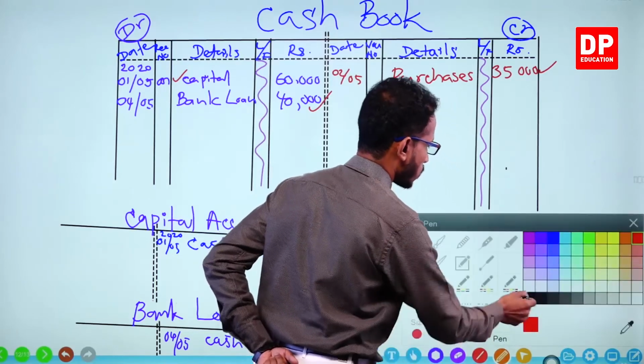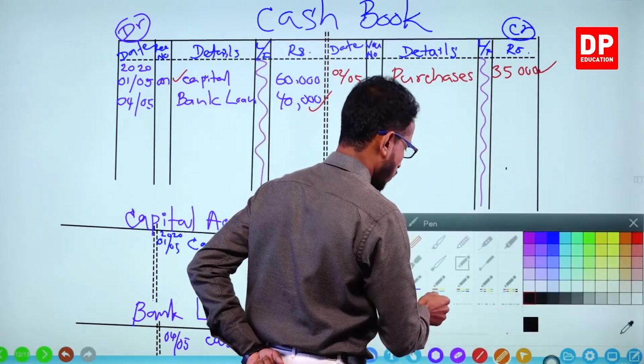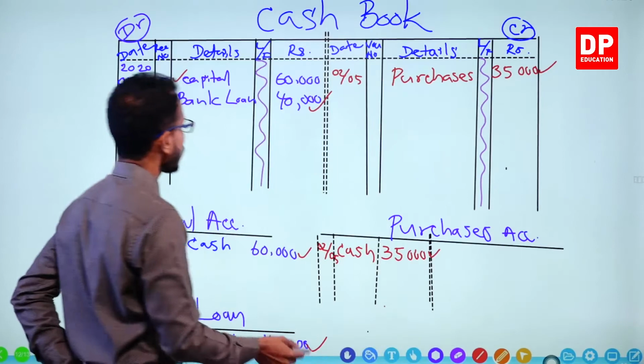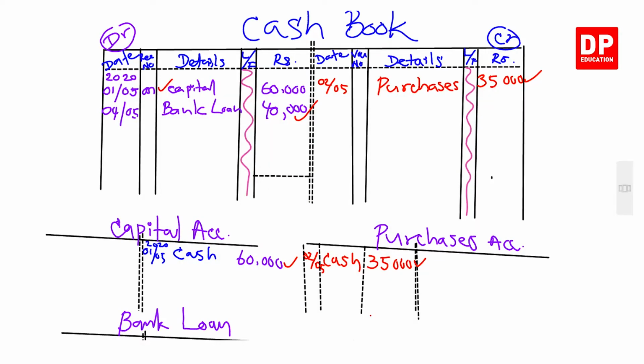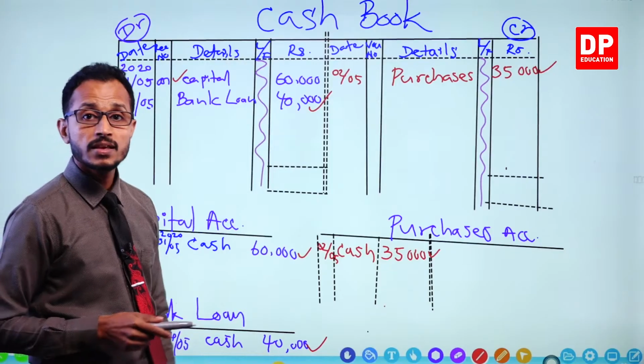Draw the sum boxes on the debit side and the credit side. What do I call the sum box? The box in which you put the total. Okay.